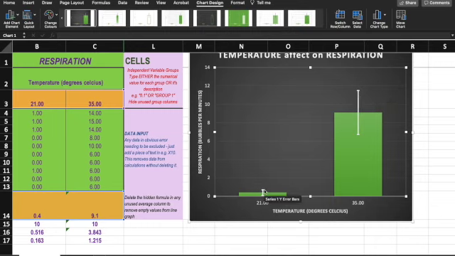But we can still say that these guys are what we call significantly different. So when we talk about something being significantly different, it means that the change that we made between these two groups, 21 degrees, 35 degrees, did it make a definite significant difference to the number of bubbles per minute?